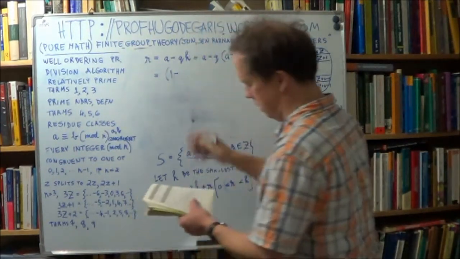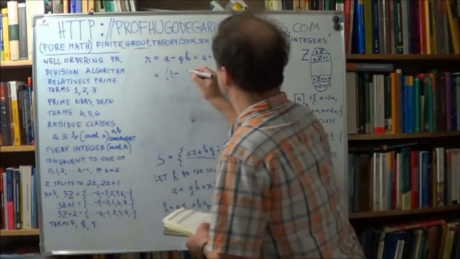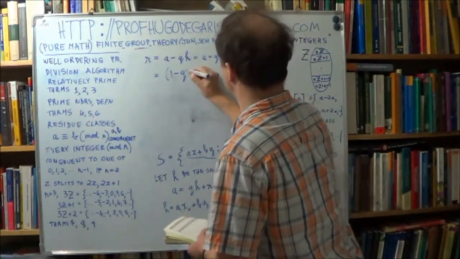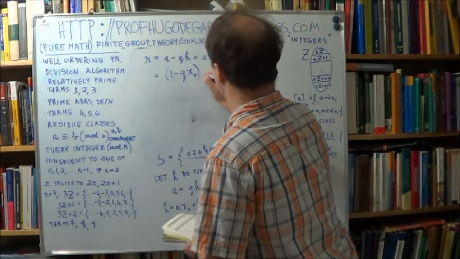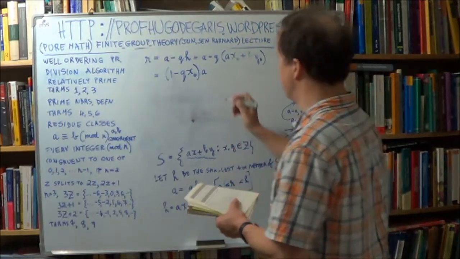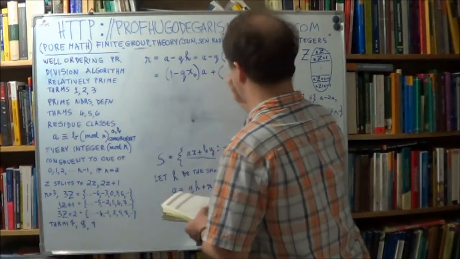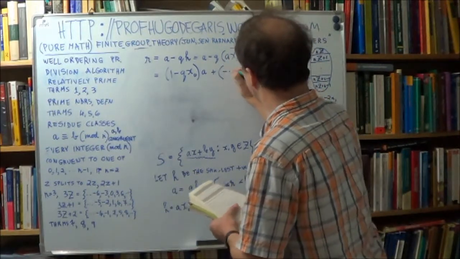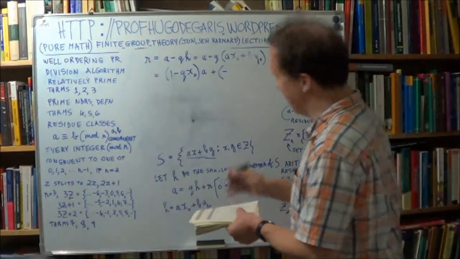(1 minus q x naught) A plus, you can see why I need the book, right? No way I'm going to remember all this.